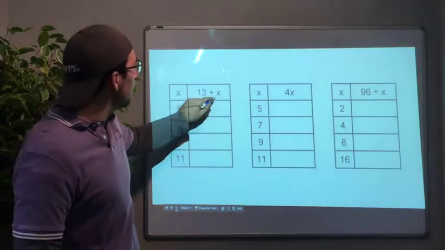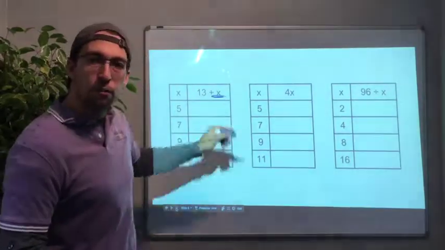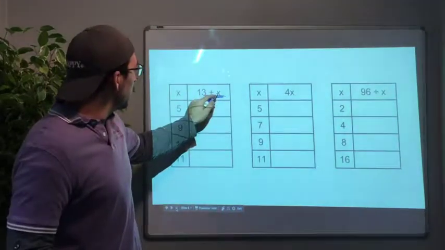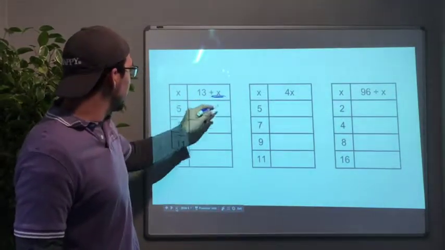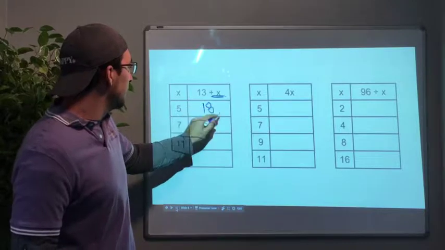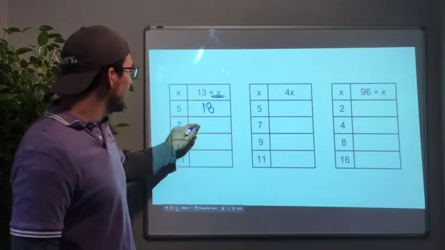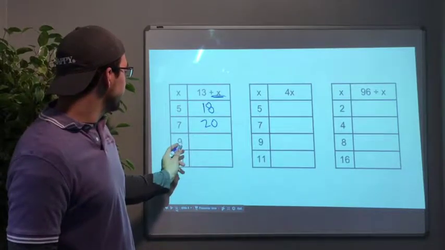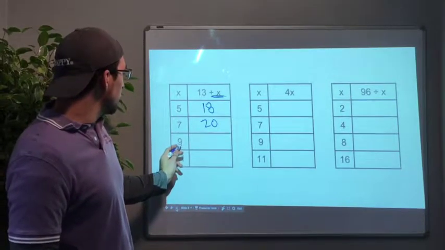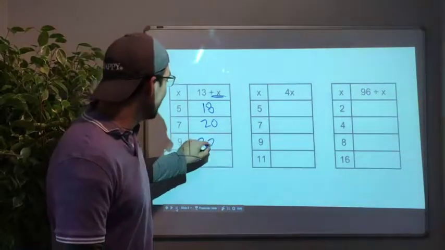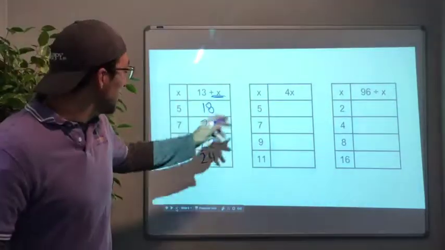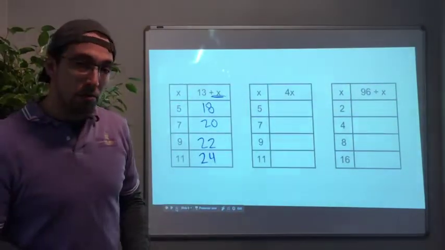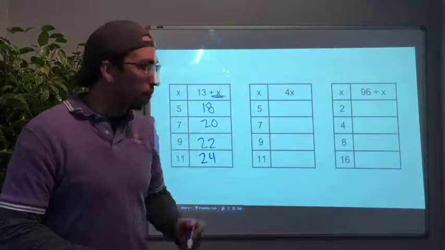Then you have to apply that value for x. 13 plus x is 5. 13 plus 5 is 18. 13 plus 7 is 20. 13 plus 9 is 22. 13 plus 11 is 24.